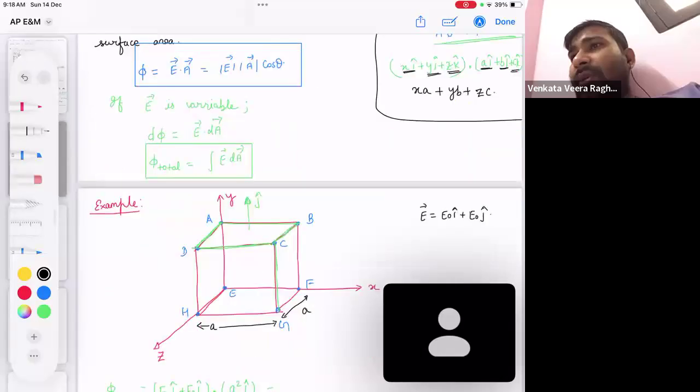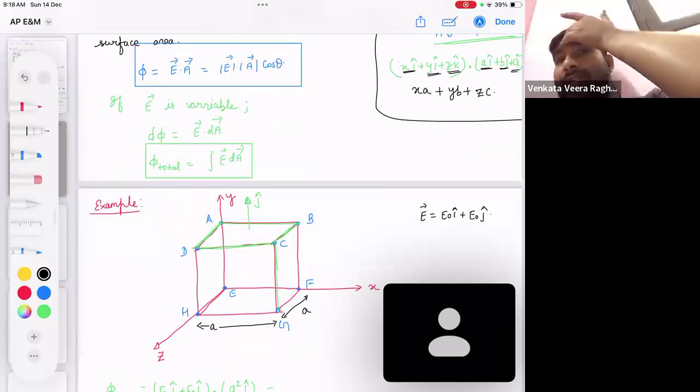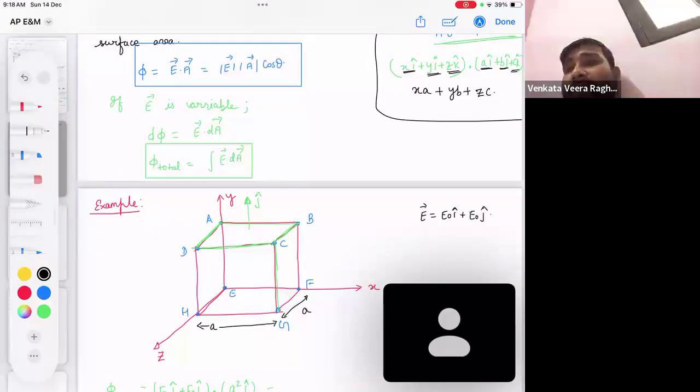A scalar product. Why? Because it is a dot product of two vector quantities whose resultant gives us a scalar quantity.